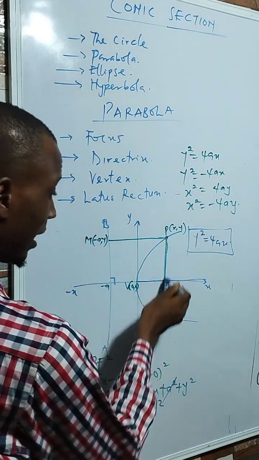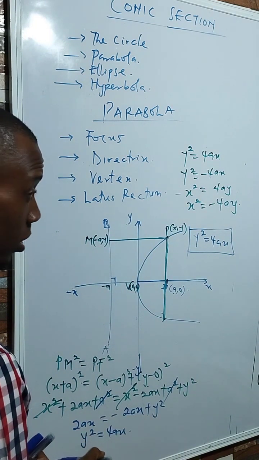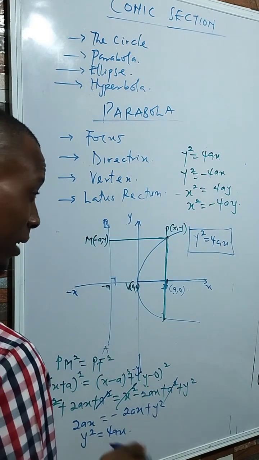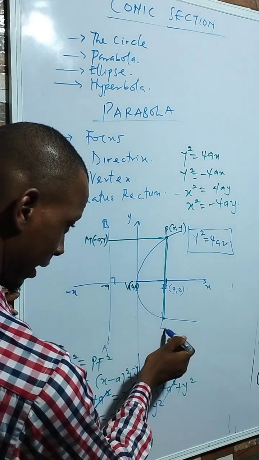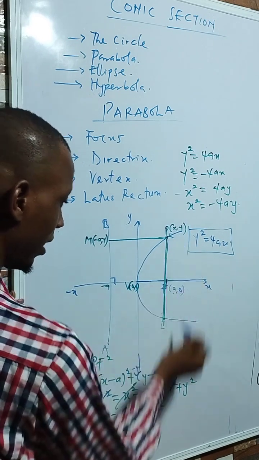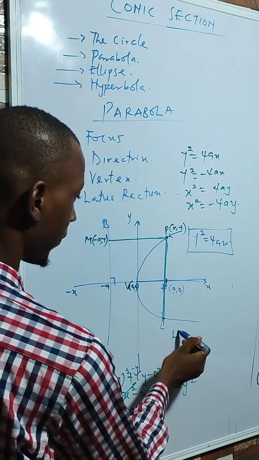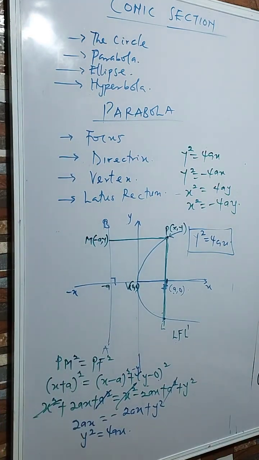That particular line is what we refer to as the latus rectum. Yes, in the latus rectum we have it as a, comma 2a, as the case may be. So I can call this point L prime and this point L. So we are saying that L, F, L prime is what we refer to as the latus rectum.